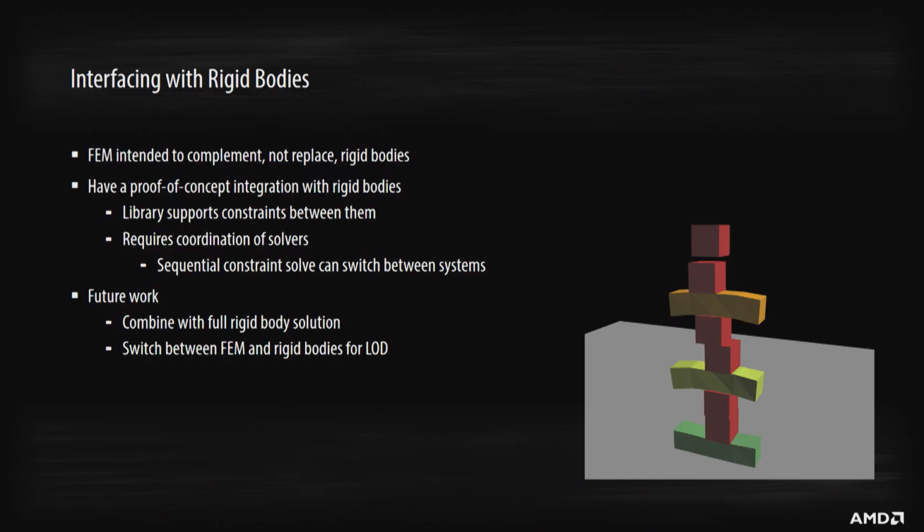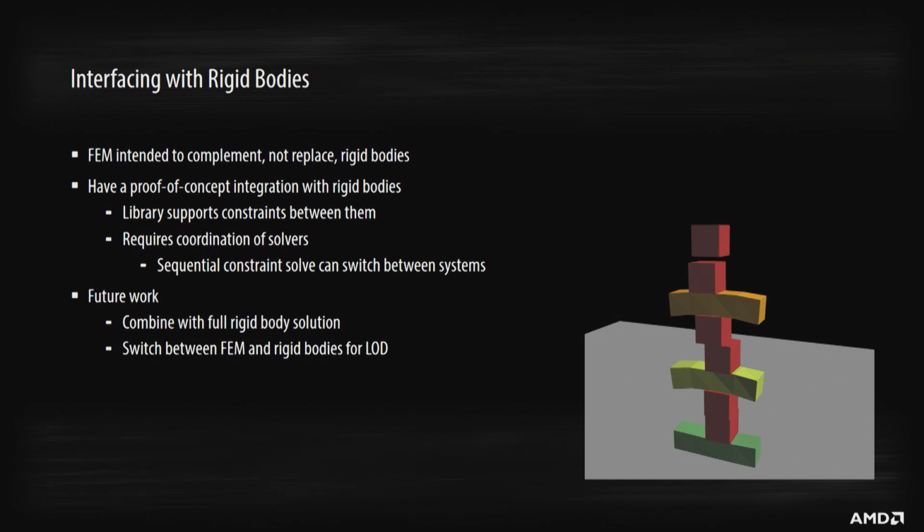So we've done a little prototyping with this. We do have a proof of concept, basically, which is a definition of an interface that helps the two systems talk together. The solving method, as I mentioned, is similar to rigid bodies for contact.